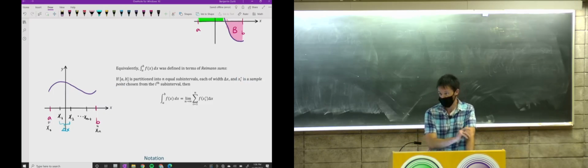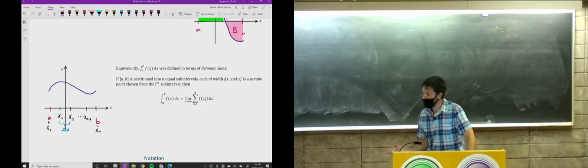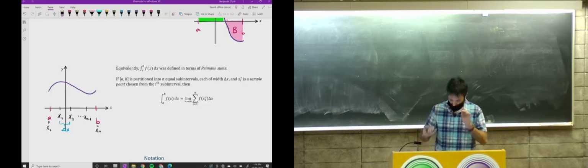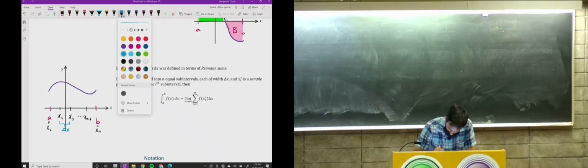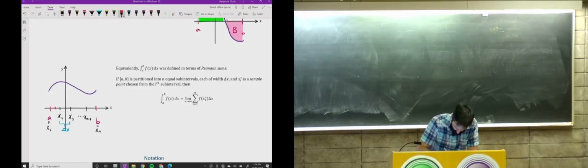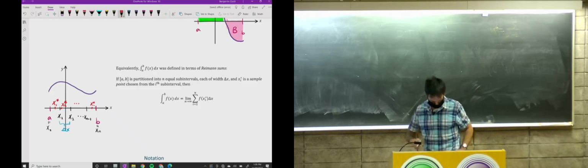It can be the left endpoint, it can be the right endpoint, it could be the midpoint. It doesn't actually matter. So here, let's say x1 star is right there in the first subinterval. Maybe x2 star is right there in the second interval. Let's say xn star is right there in the nth subinterval.